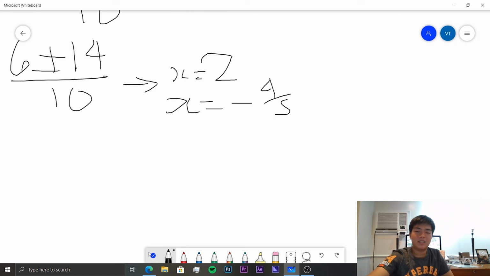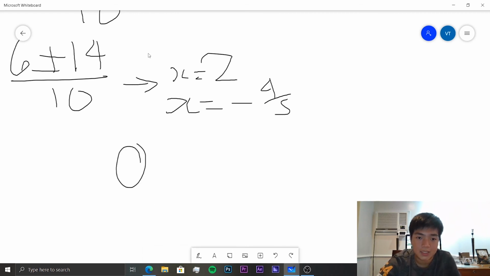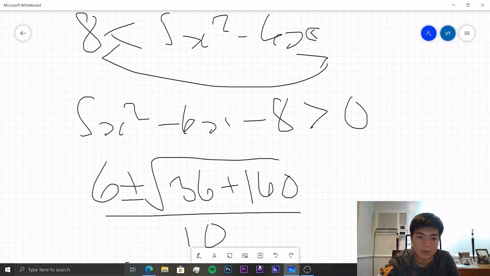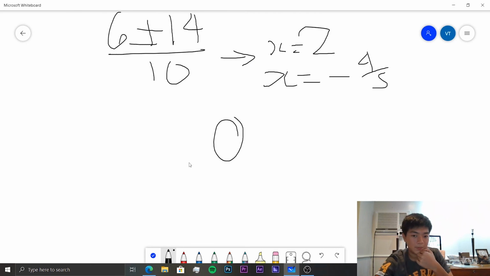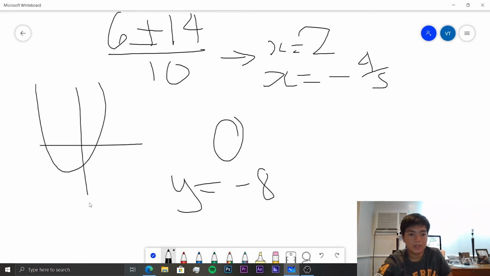Technically we could just look at the equation, but let's pick a value in between these ones, say 0, and test whether it is positive or negative at that point. We have 5x squared minus 6x minus 8. Since x is 0, it would simply be y equals negative 8, so this is negative for this value. So the curve will look like this, where there's a negative between the two roots.